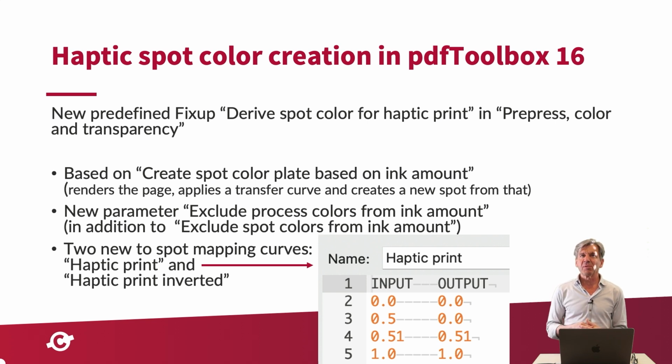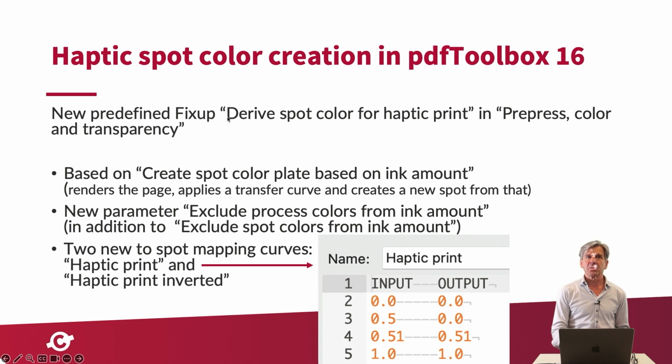And a very similar thing already existed in pdfToolbox 15, which is create spot color plate based on ink amount. That was originally introduced to create a white form, but you could as well easily use it for haptic print. So we didn't change a lot actually.